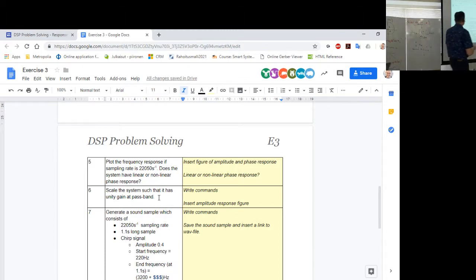You can scale it to unity gain. Just replace B with B divided by the maximum gain that you measured. Brute force. Then you have unity gain. Nothing fancy there either.